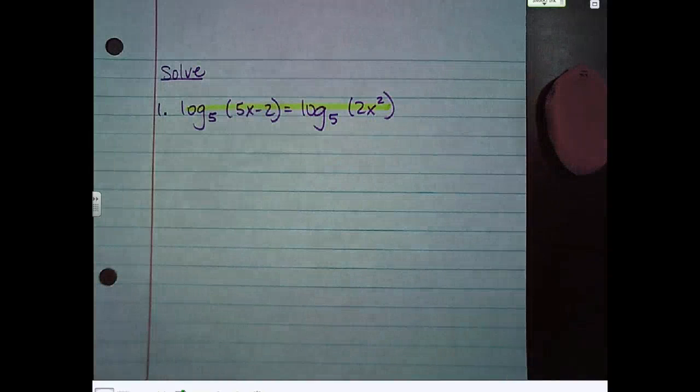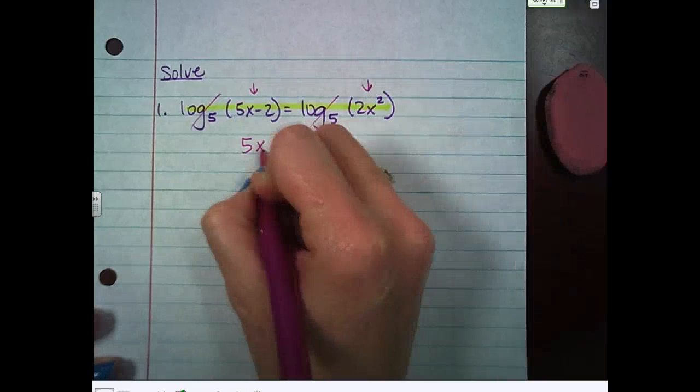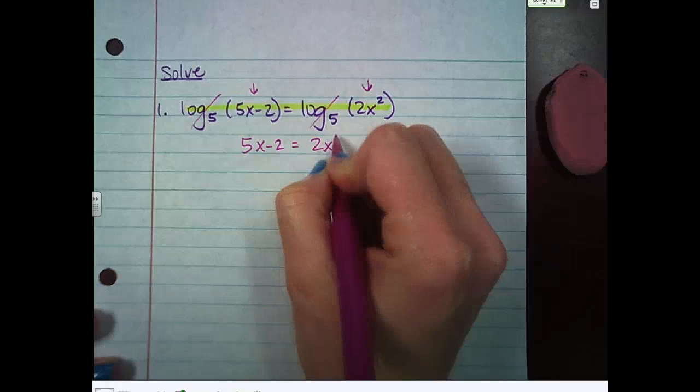What does the property say? The property says that if you set 2 logs equal to each other, the logs cancel and the numbers here are equal to each other. So 5x minus 2 equals 2x squared.